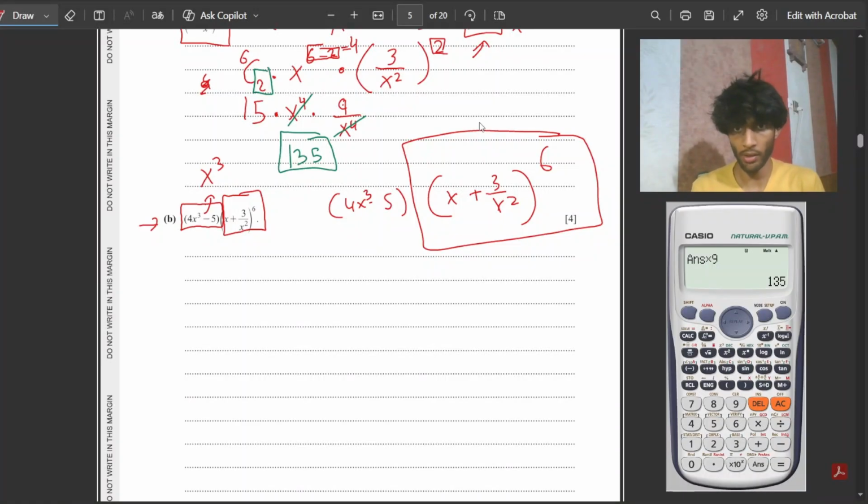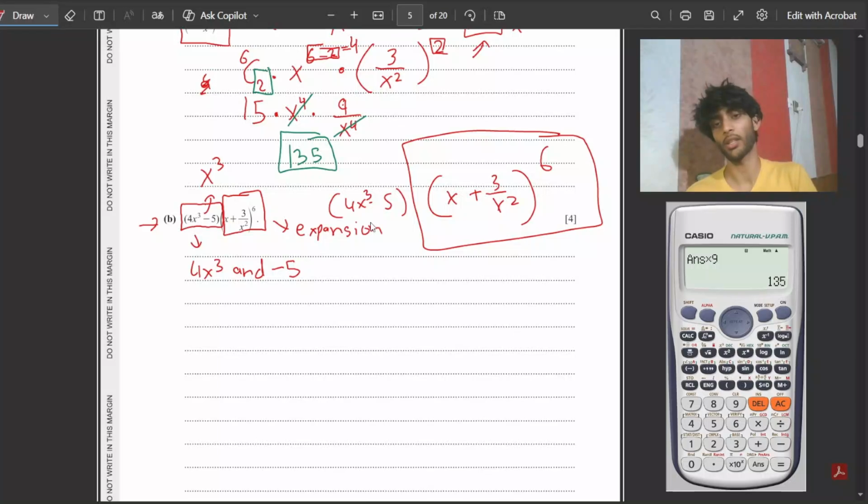On the contrary, there's another thing you can do. See, this first bracket has 4x cubed and negative 5. Now the expansion of this second bracket is going to give you different things. It's going to give you a term that is independent of x, a term that has x, then x squared, x cubed, x^4, x^5, all the way to x^6.